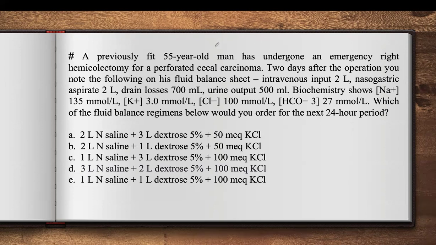We have a 55-year-old man who has undergone an emergency right hemicolectomy for perforated cecal cancer. 2 days after the operation, you note the following on his fluid balance sheet. He has an intravenous input of 2 liters, nasogastric aspiration 2 liters, drain loss 700 ml, urine output 500 ml.